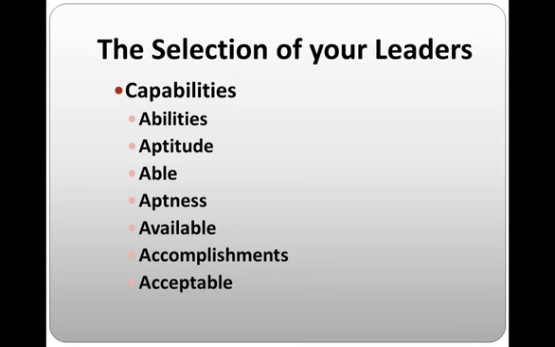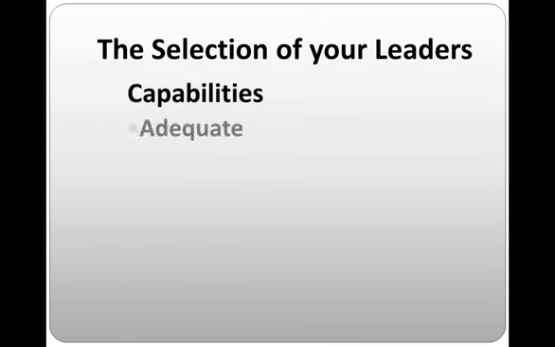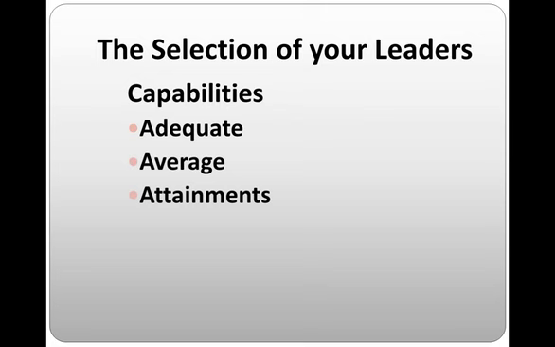Do people that have been leading them in your church, or in the workplace, or at home, have they shown themselves to be acceptable? Are they adequate? And so you look at the level of their capabilities. Are they acceptable? Are they adequate? Are they just average? What attainments have they made? Are they faithful to carry out their assignments? And what have they been assigned to?